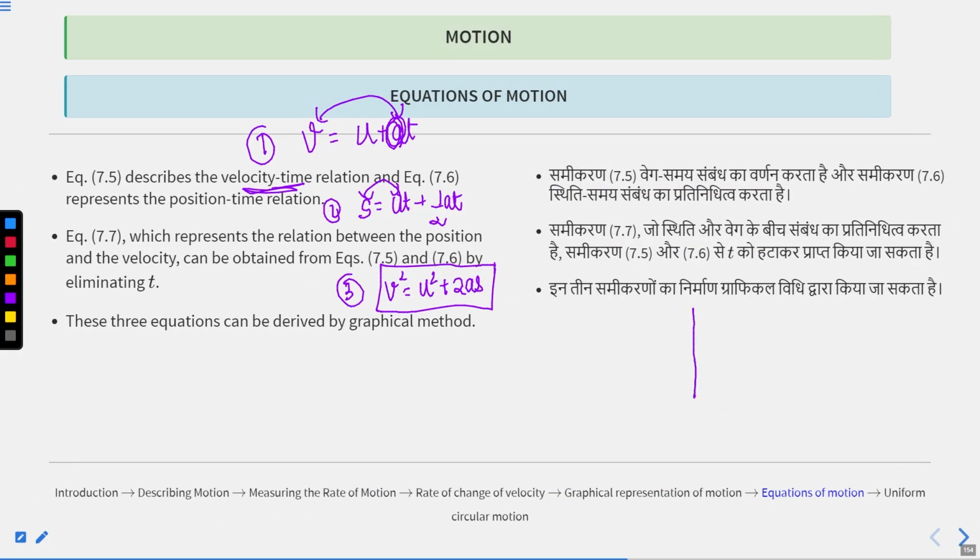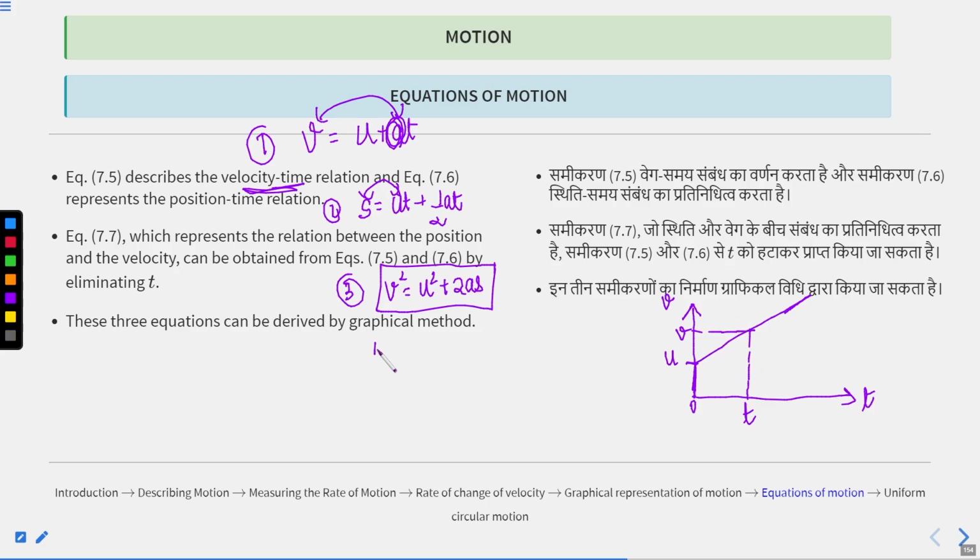So we will first calculate. Let's suppose this is a velocity time curve. This is initial velocity u and this is final velocity v, and this is 0 and this is time t. Okay, and you want to calculate these three equations.